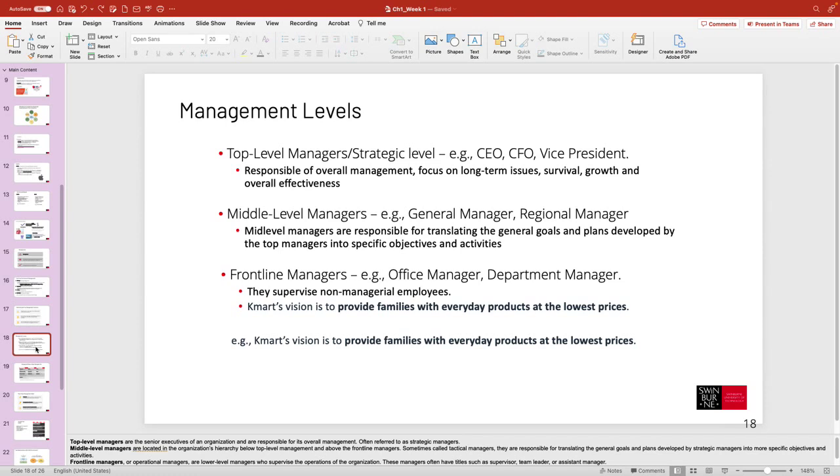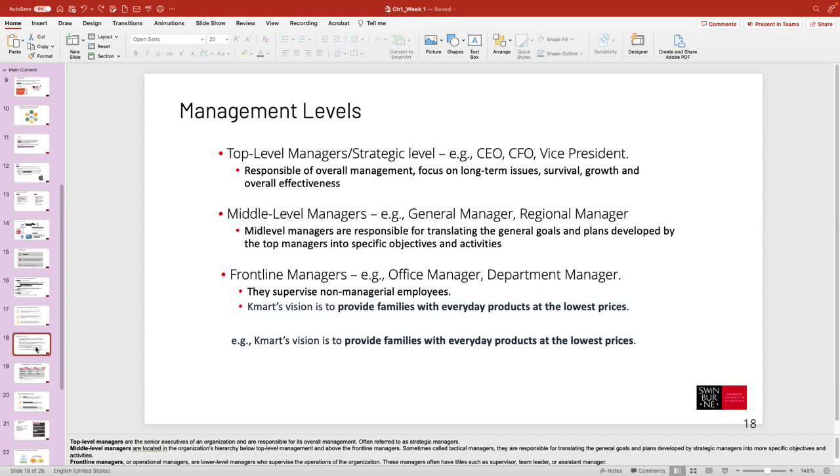So a general manager in a Kmart would think about how to execute the strategic vision of Kmart, and what sort of activities you need to do as a store: what goes on sale, what can be high-demand items for that particular store, and how to use customer insights and information to do well.